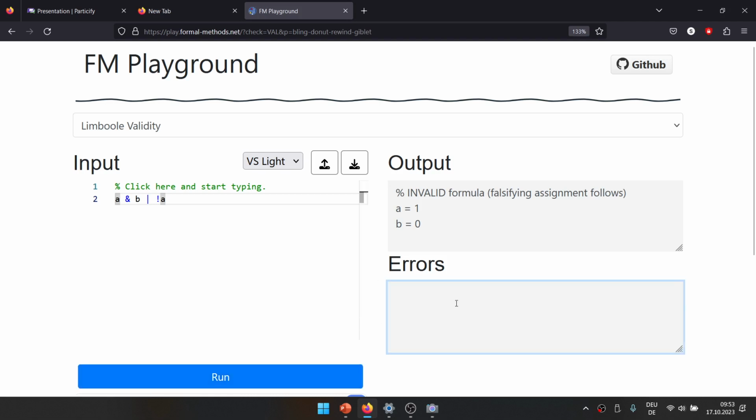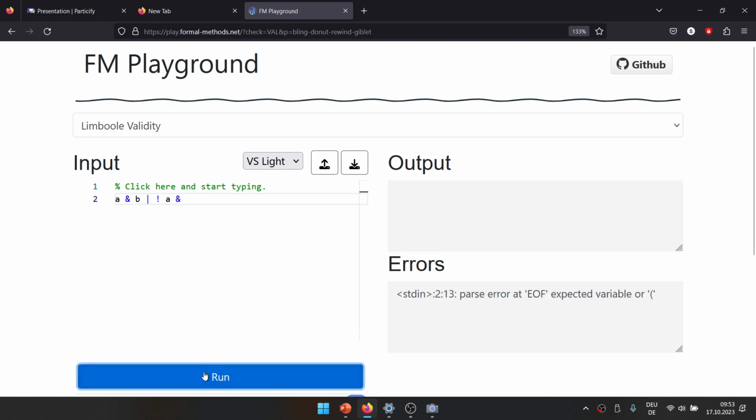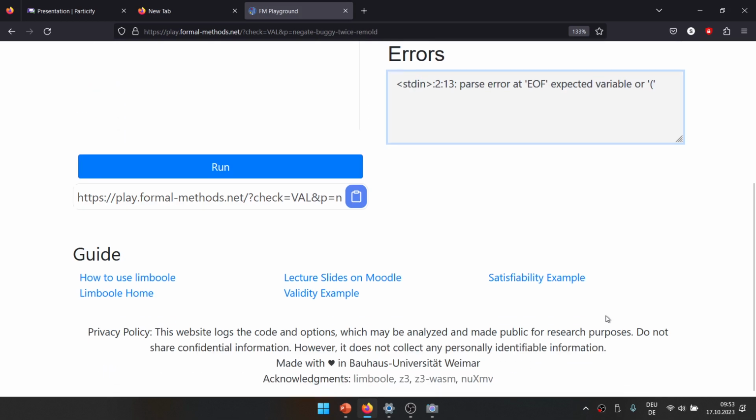There's this error thing. If we write something that doesn't work, for example, we have an and without an operand here, then it gives us this error. So we took this web front end from this guy who implemented it using the original sources.